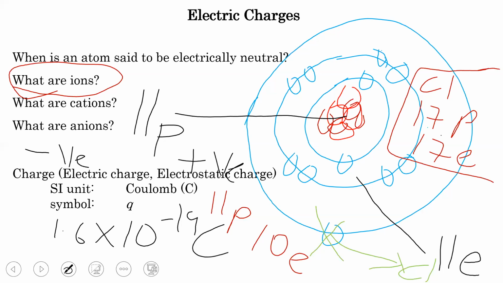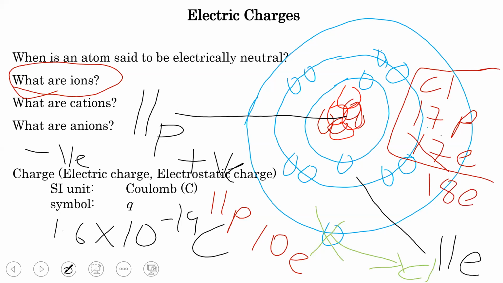As we can see, the chlorine atom originally had 17 protons and 17 electrons. That can be said to be electrically neutral. But when the chlorine receives 1 electron from sodium, then the number of electrons increases from 17 to 18 electrons.